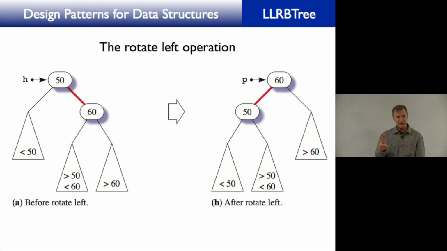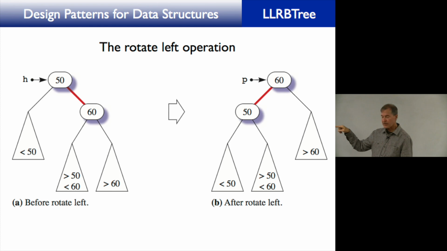Okay, so now we have to learn some operations. There are going to be 3 operations that we have to learn in order to have all this work. The first one is called rotate left. Now look at how rotate left works. Before a rotate left, H is a pointer to a node that is the root node 50, and it has a red link to the right to 60.